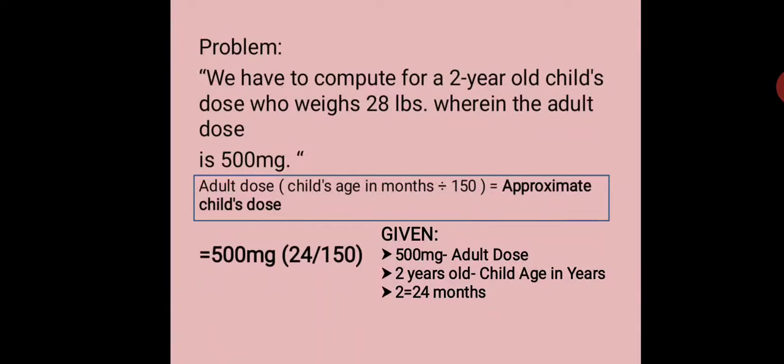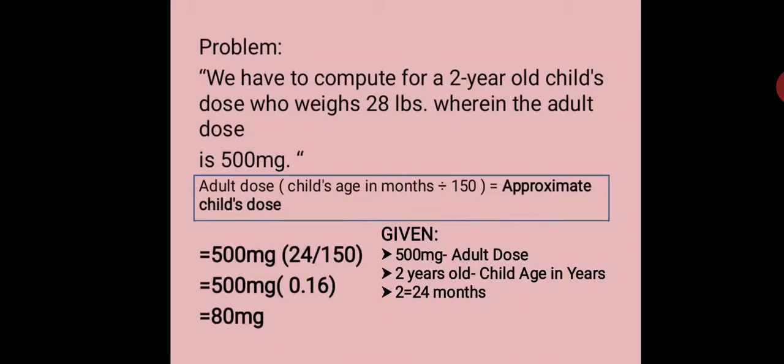So, 500 milligrams, again, yun yung ating adult dose. Child age in months, which is 24, divided by 150. So, 24, again, i-divide natin ng 150 is 0.16. So, 500 milligrams times 0.16 is 80 milligrams.